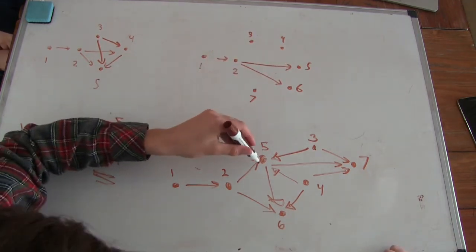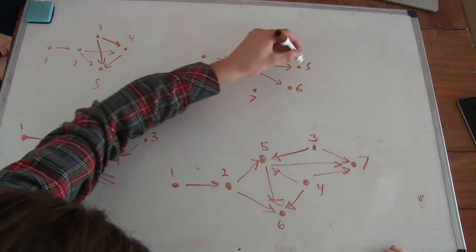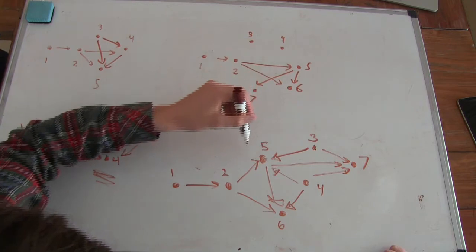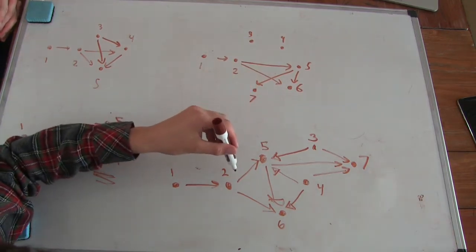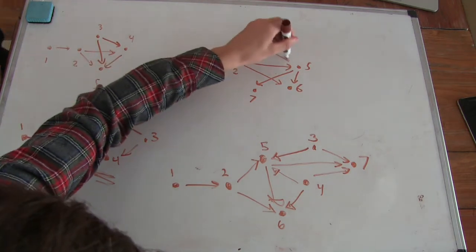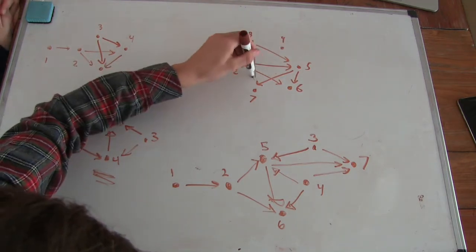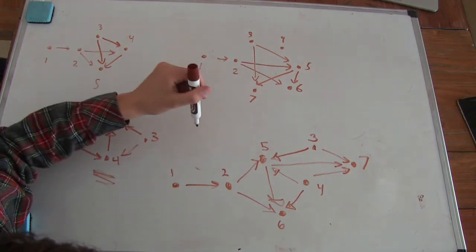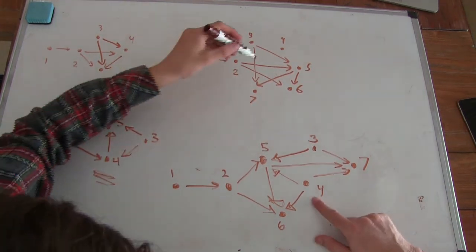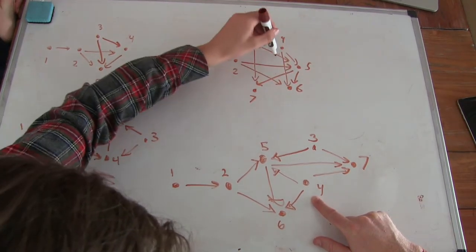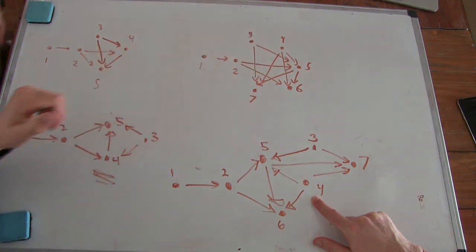So 5 here goes to 6. 5 also goes to 7. 3 goes to 5. And 3 goes to 7. Let's see. So 4 goes to 7, 5, and 6. So 5, 6, and 7. Okay. I think that's everything.